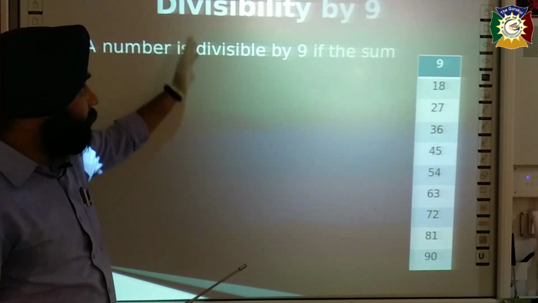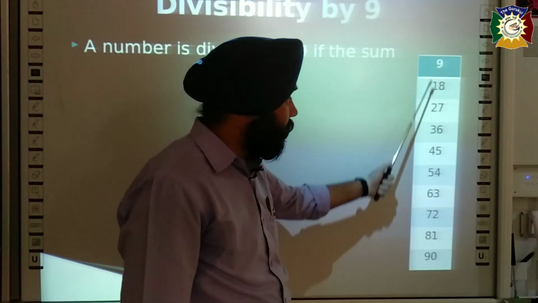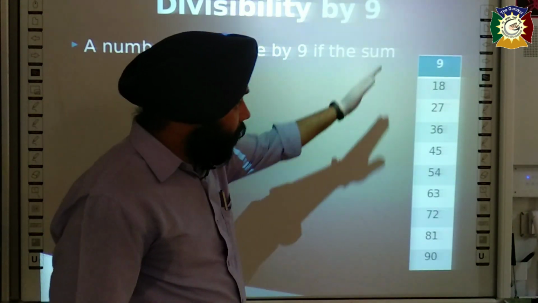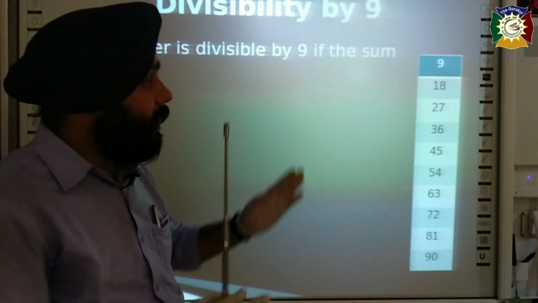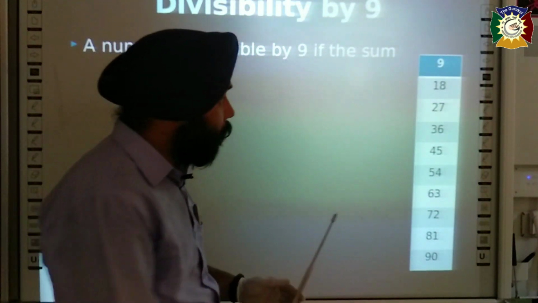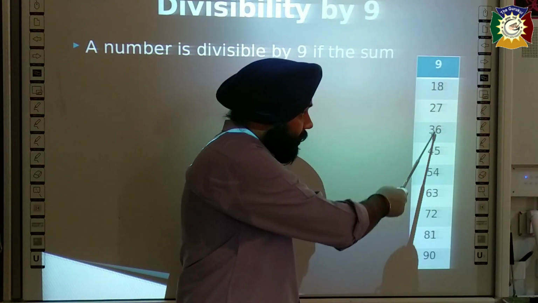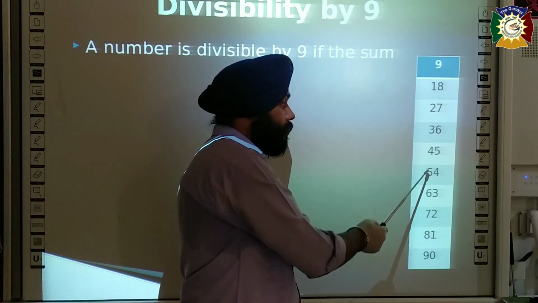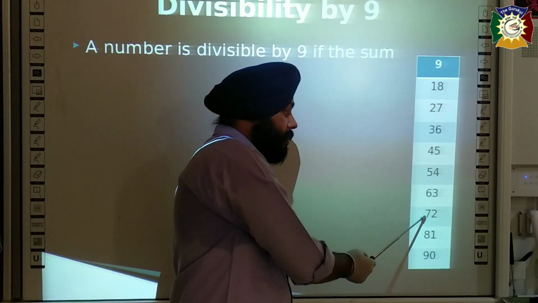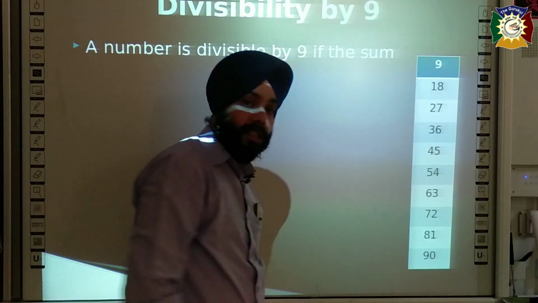Now for the divisibility rule of 9, look at this table. If we look carefully, we find one common thing among these numbers: every time the sum of its digits is 1 plus 8, 2 plus 7, 3 plus 6, 4 plus 5, 5 plus 4, 6 plus 3, 7 plus 2, 8 plus 1, 9 plus 0.